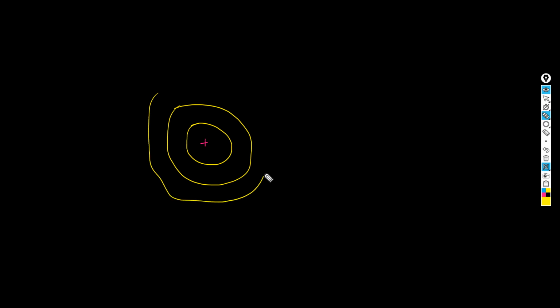So if we draw sulfur, we're going to have our positive charge of the nucleus at the center. And then we're going to have our energy levels. So sulfur has 3 energy levels. 1, 2, 3.